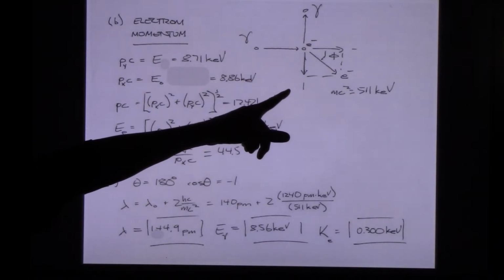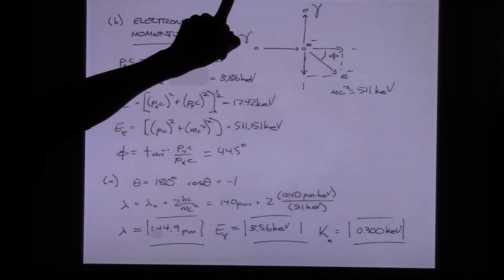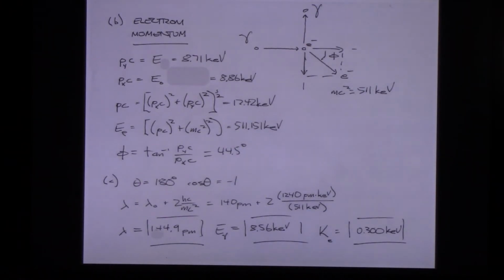So I drew the picture. Here was the photon coming in. Here's the photon leaving. That's at 90 degrees. I was a little curious. What happens with the electron? What are the numbers on the electron? When we derived these formulas, we focused entirely on the photon coming in and the photon leaving. What about the electron leaving?